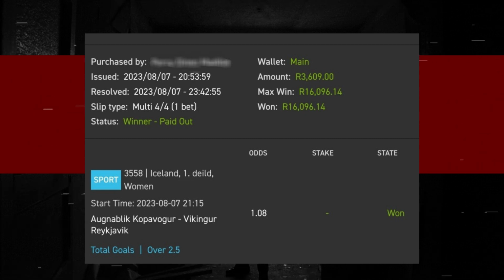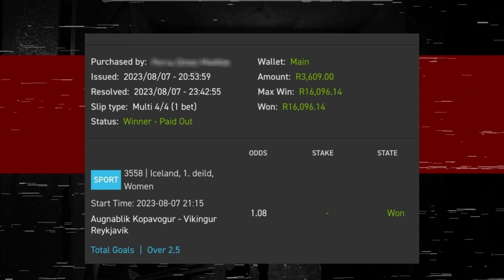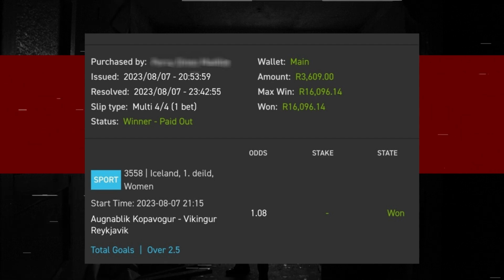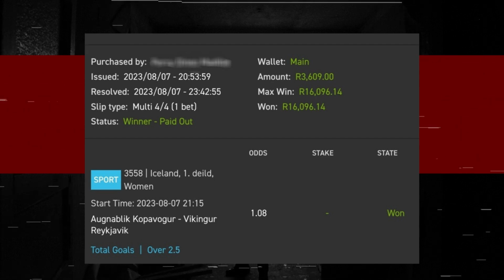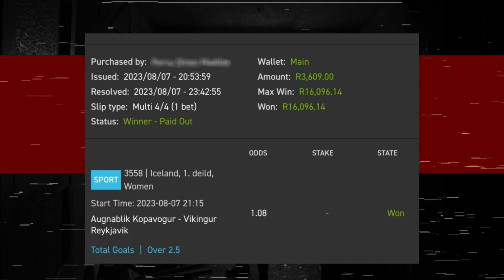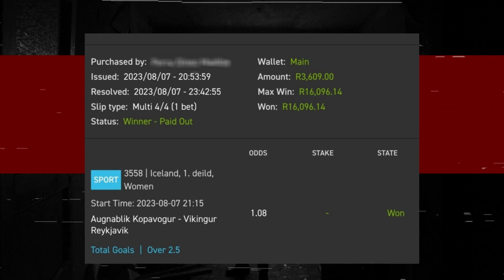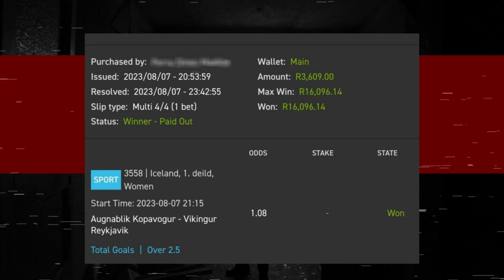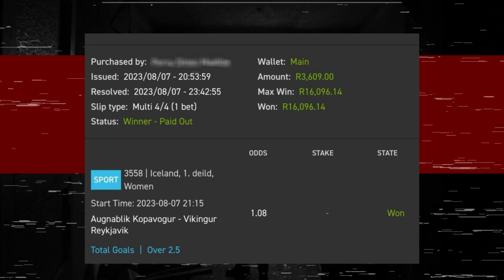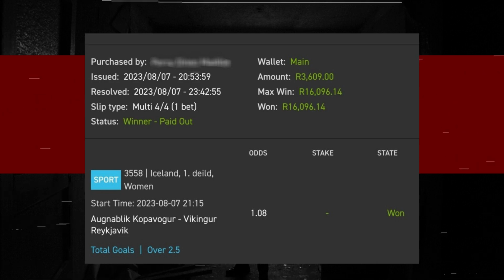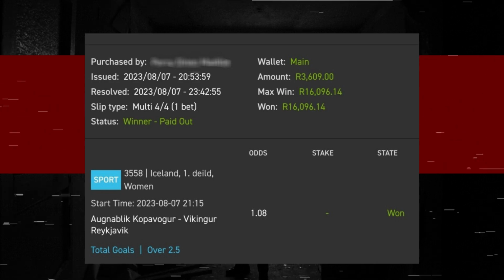Hence, I put it as an additional, and it gave me 4.46 odds. 3.09 multiplied by 4.46, it gave me 16,000. Ladies and gentlemen, I made 16,000 in one day from just one bet of 200 rand.